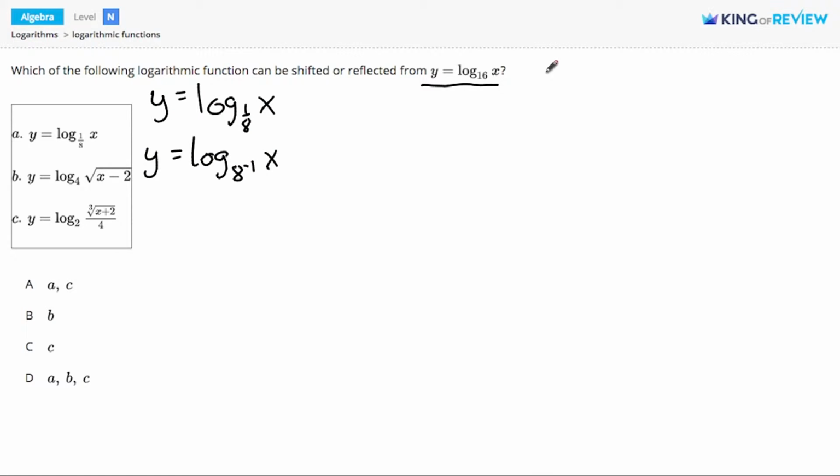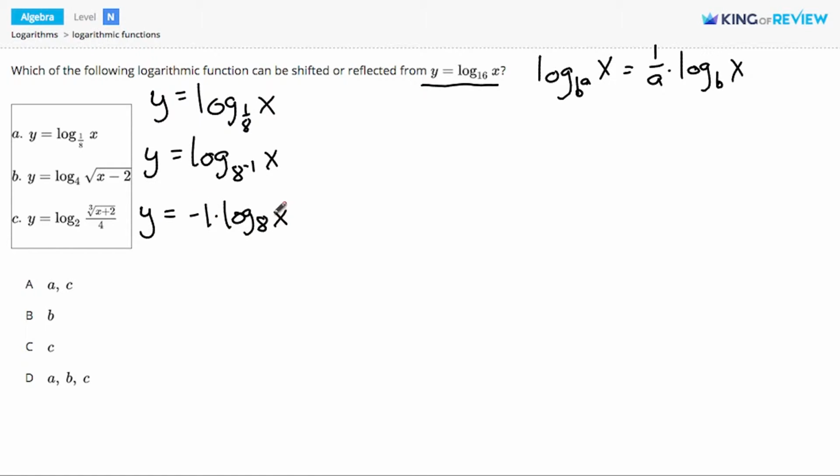There's a property of logs that says if you have the log base b to some power a of x, we can rewrite that as 1 over a times the log base b of x. So if we use that property here, we can rewrite this problem as y equals -1 times the log base 8 of x, since 1 over -1 is equal to -1.